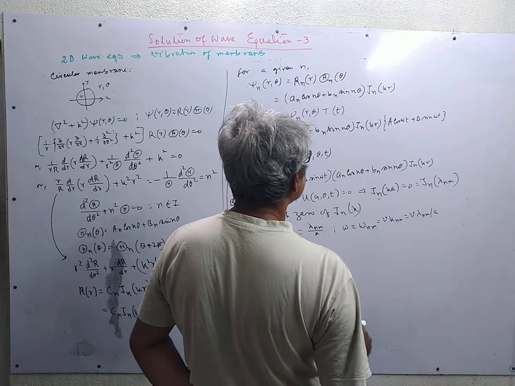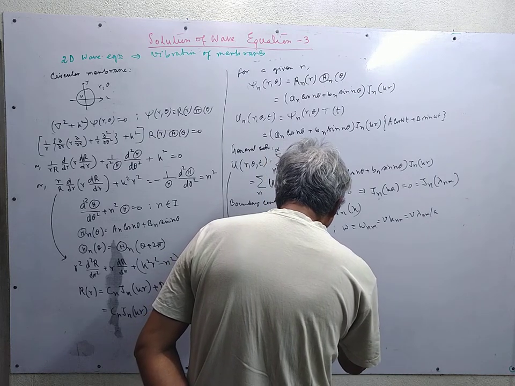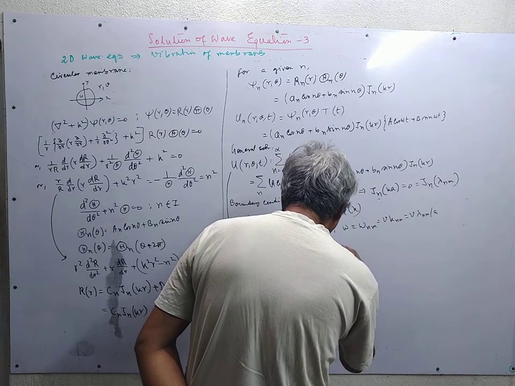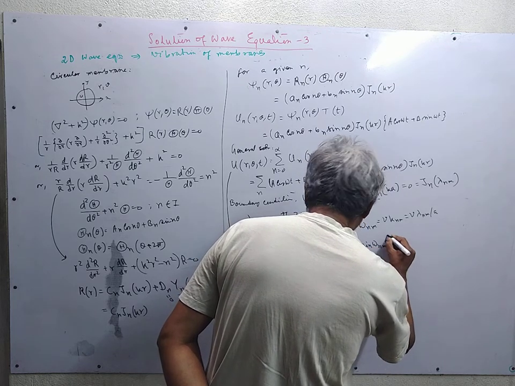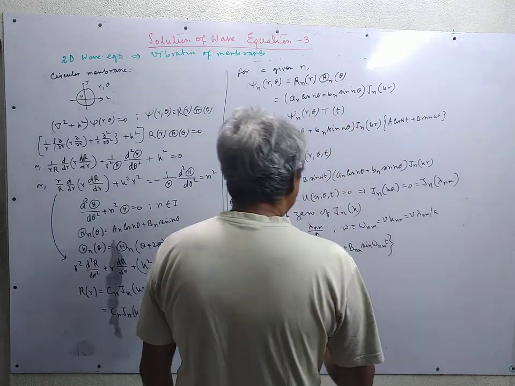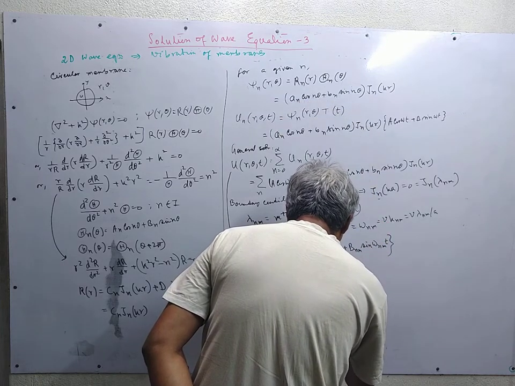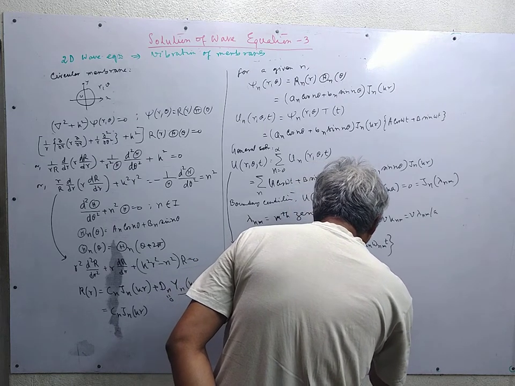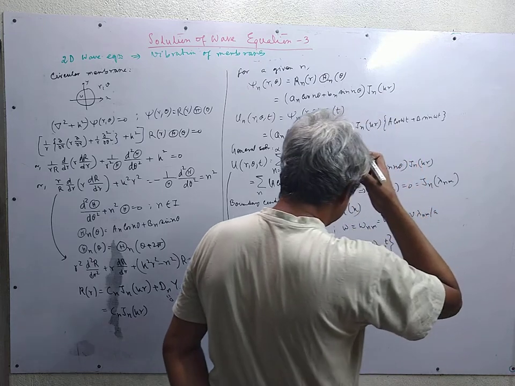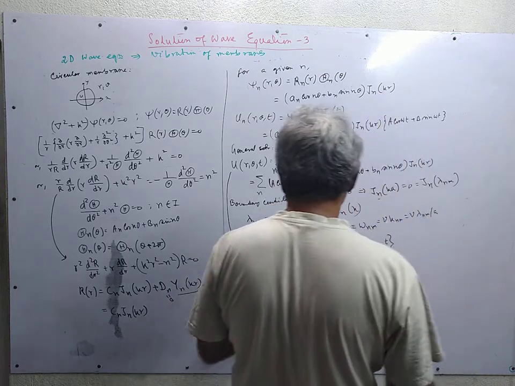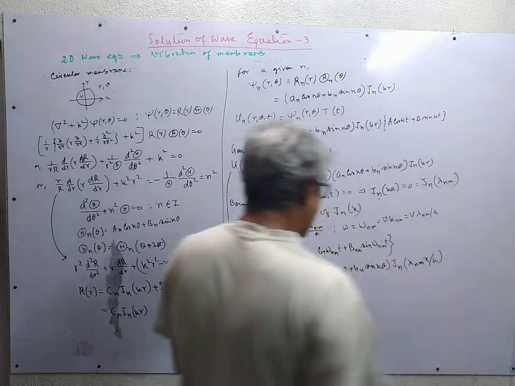Then all these constants will have the nm signature: [a_nm cos(ω_nm t) + b_nm sin(ω_nm t)] times [A_n cos(nθ) + B_n sin(nθ)] J_n(k_nm r). Now k is replaced by k_nm, and for k_nm we write λ_nm r/a. This is the solution.